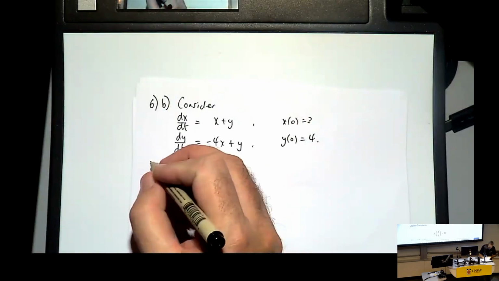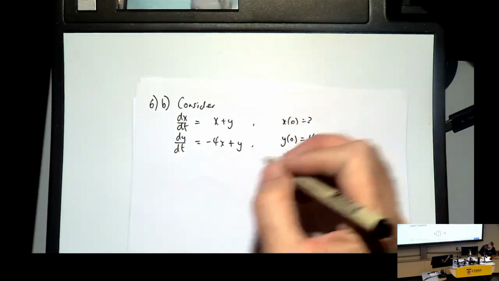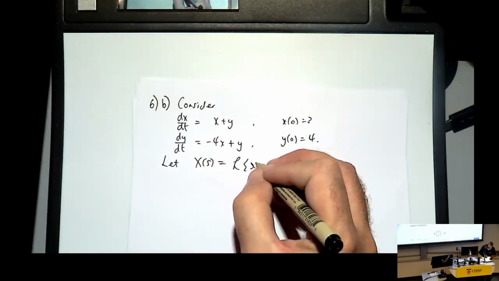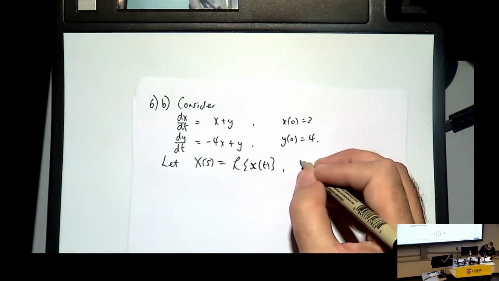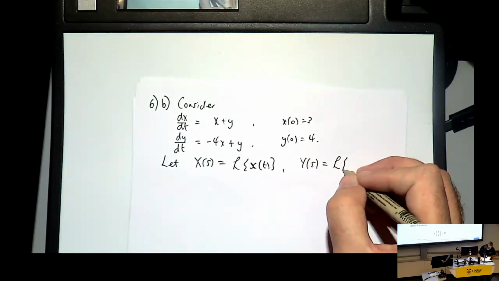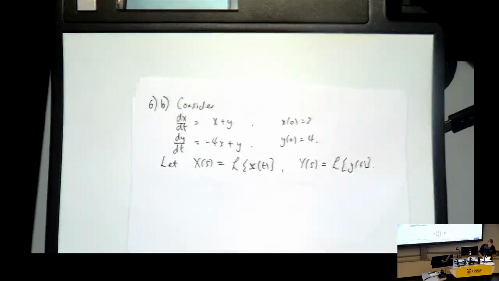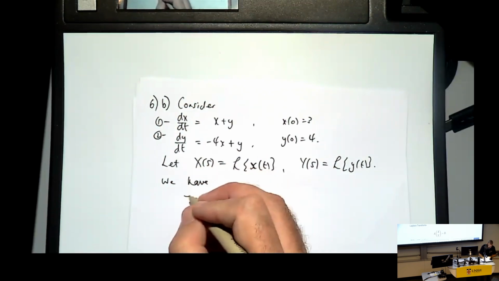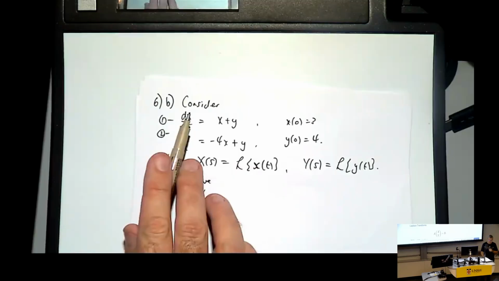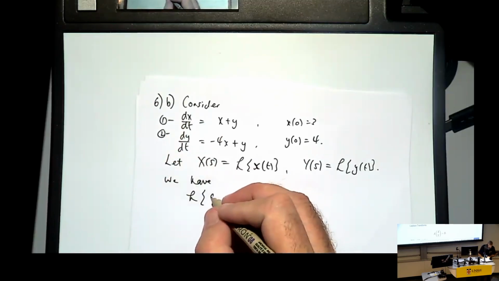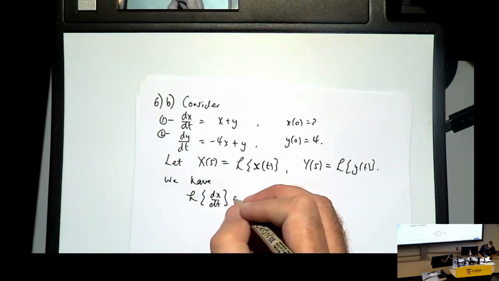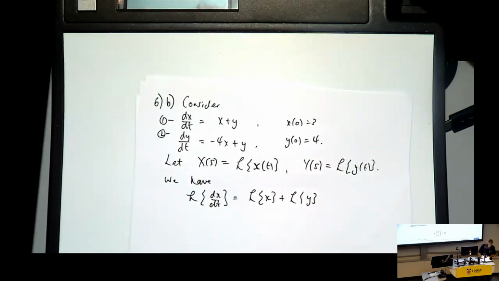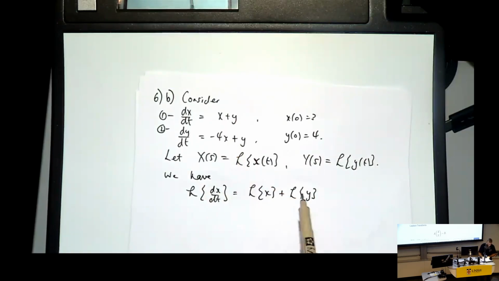Let X of s be the Laplace transform of that solution. We're going to take the transform of that side. The Laplace transform is a linear operator, so we can just break that bit up into two transforms.